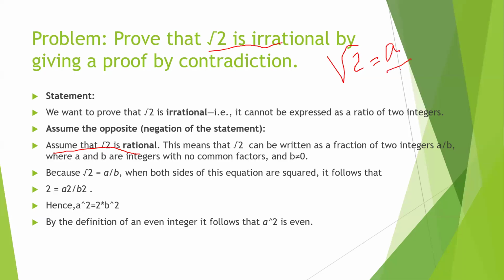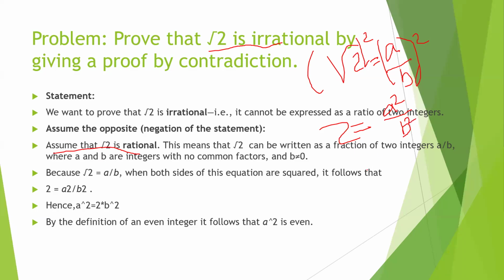Rational number means it's a fraction of two numbers. Now just square both sides. Root 2 becomes 2, so 2 is equal to a square by b square.